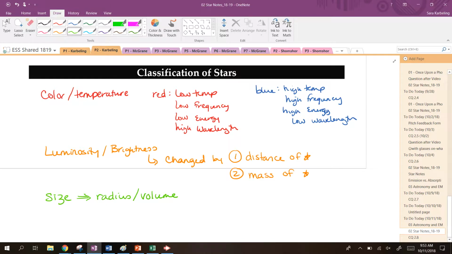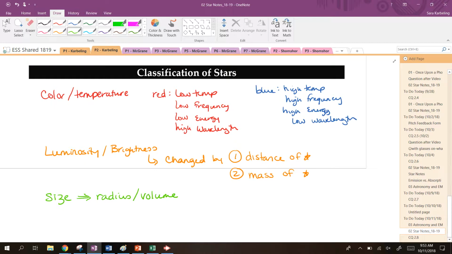Is a star that is very, very massive also always very, very large? Not necessarily. You can have two stars with the same mass, one that is gigantic and another that is really, really small. It's just that all of the stuff in that star is packed down a lot tighter.